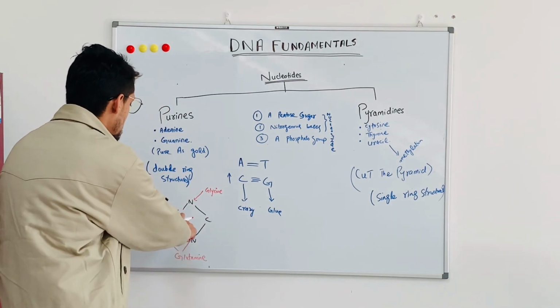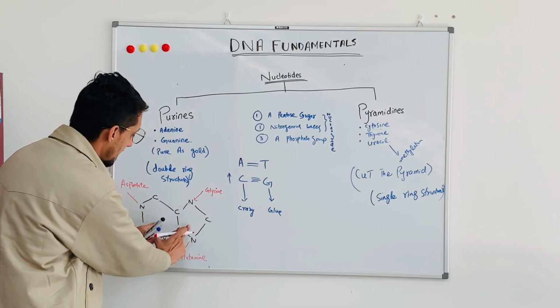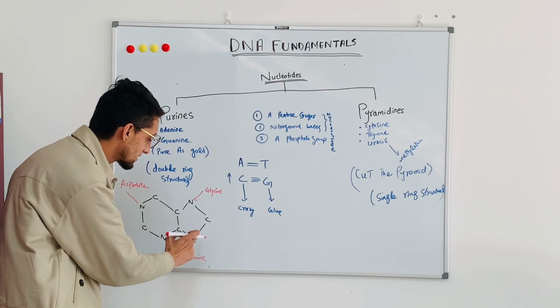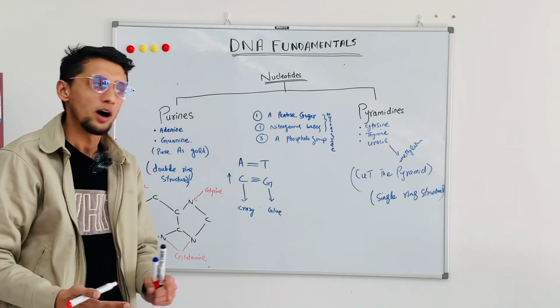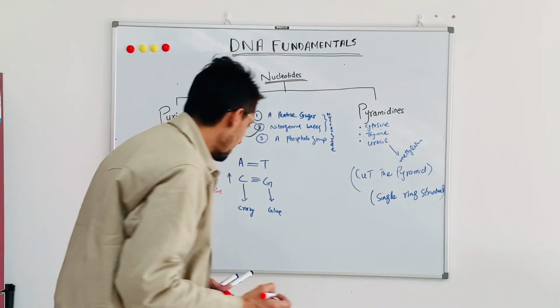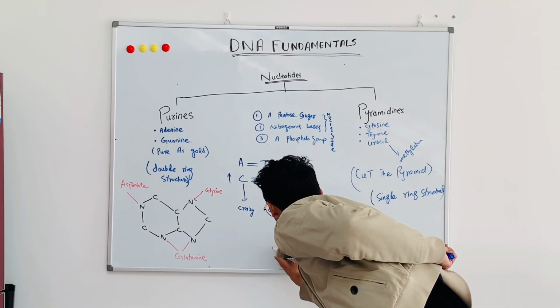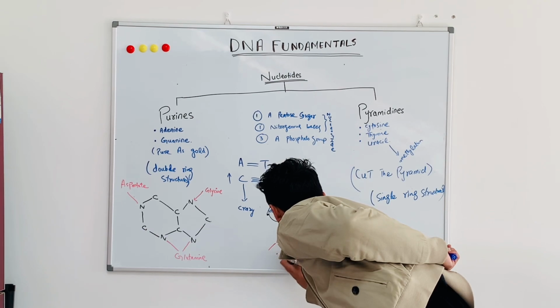So this structure is just a nitrogenous base, a double ring structure that is attached to a pentose sugar. And this is a pentose sugar.